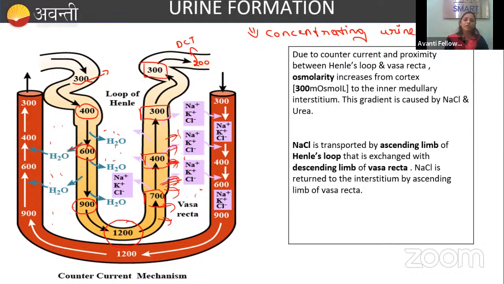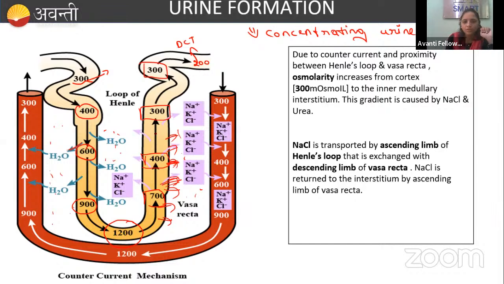The maximum osmolarity is lesser compared to the interstitial fluid. Any body fluid has an osmolarity of 300 osmol. The osmolarity in the distal convoluted tubule is lesser than that of body fluid, that is 200 osmol. Remember that, guys. So that is one part.